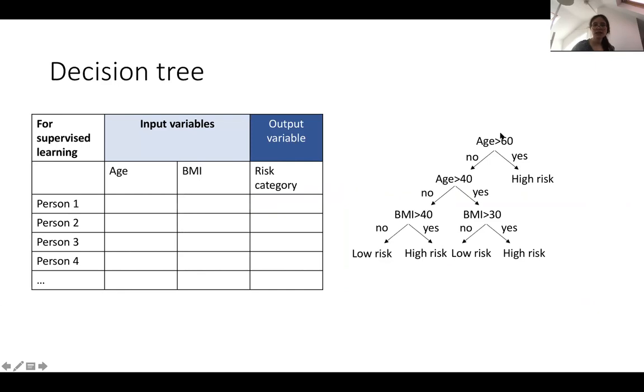So for example, if a patient is less than 60 years old, then the answer to this question is no. But if they're over 40 years old, then you go this way. If they have a BMI that's less than 30, then you go this way. And then you find out that this patient is low risk.